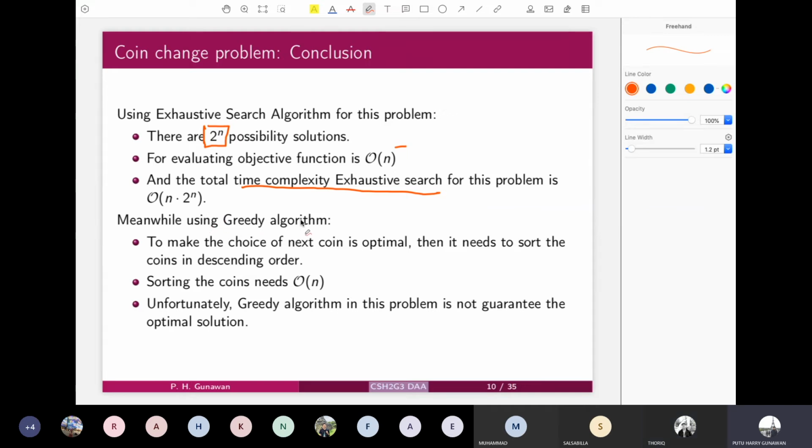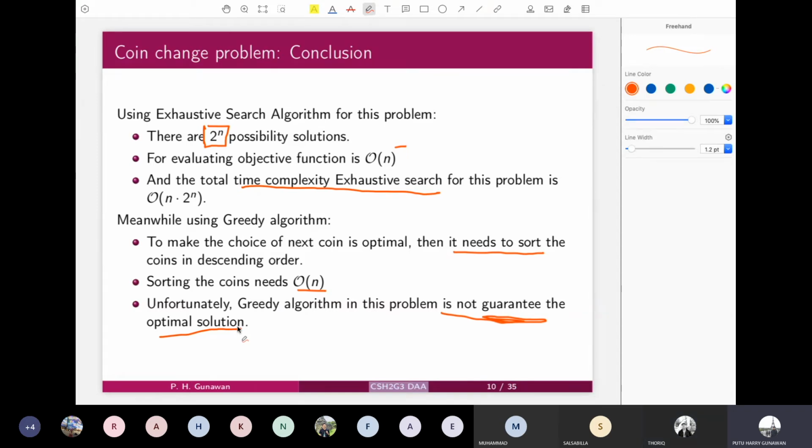Meanwhile, the greedy algorithm needs to sort the coins to make the optimal choice of the next coin, and sorting needs big O of n log n. Unfortunately, for this problem the greedy algorithm is not guaranteed to give the optimal solution.